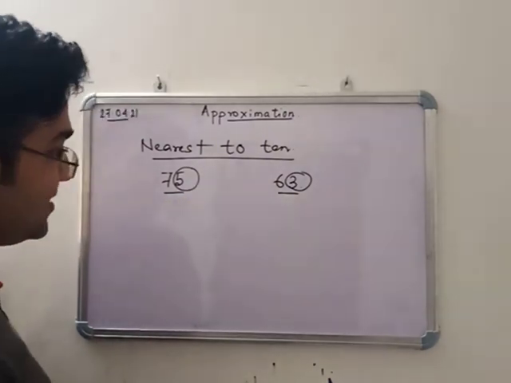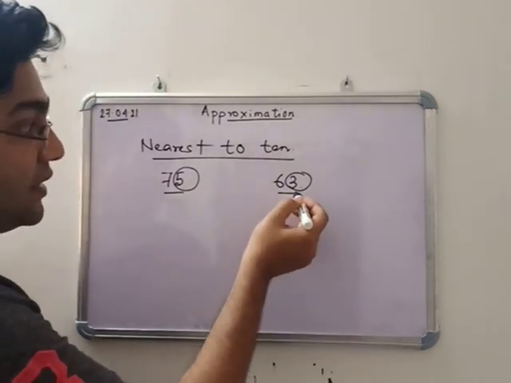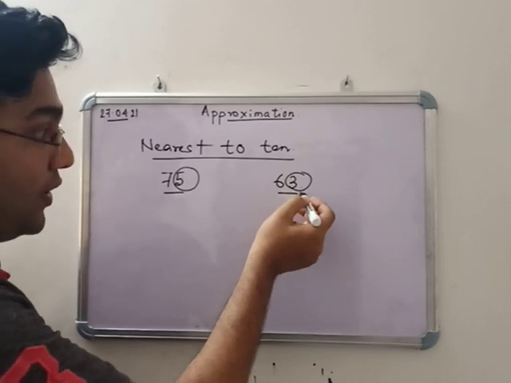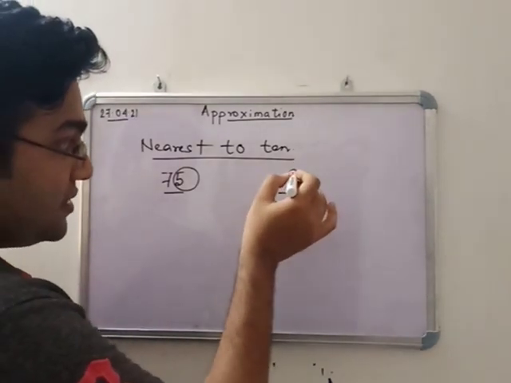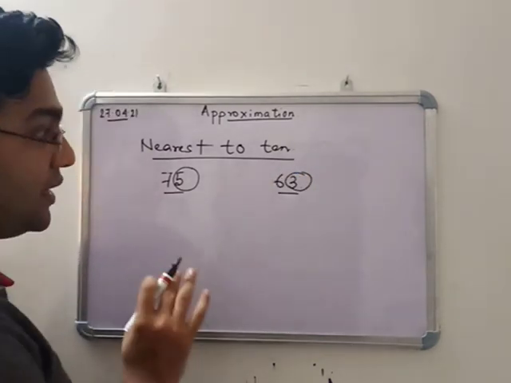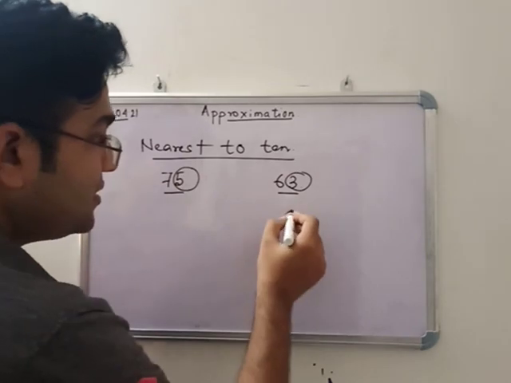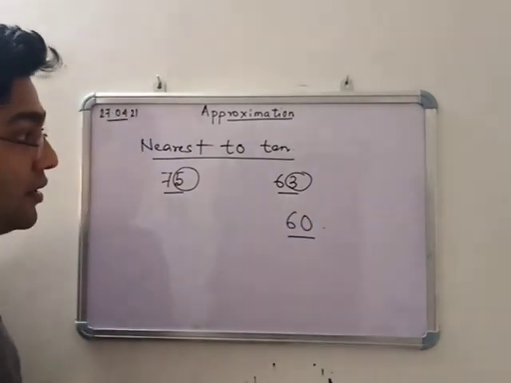If the ones digit is less than 5, then that ones digit is replaced by 0 and we keep the other digits the same. That means the rounding of 63 is 60, clear?